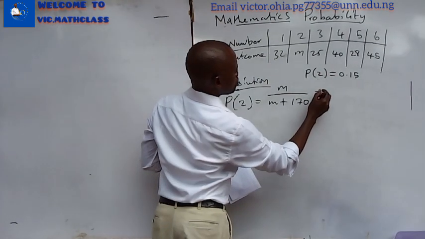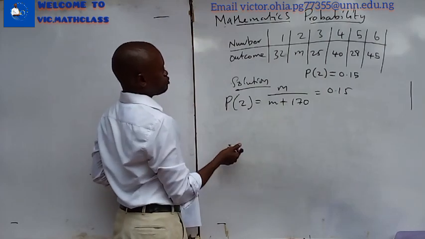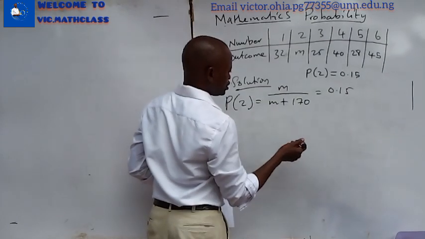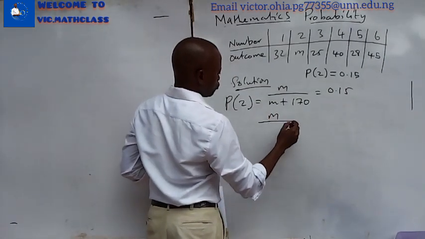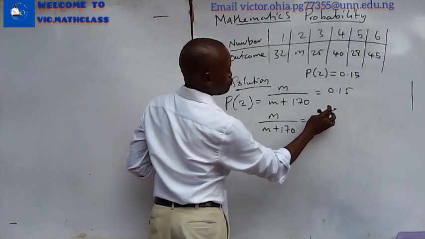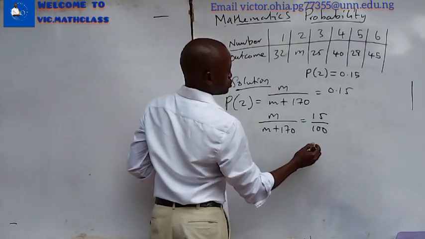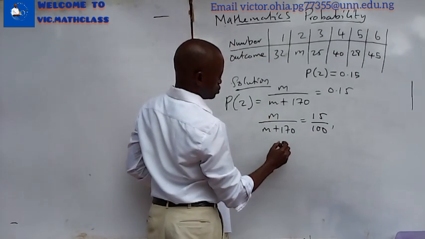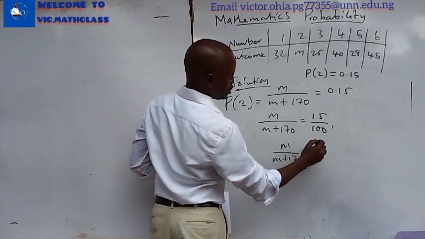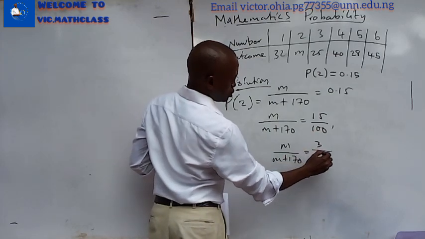We say this probability is equal to 0.15, and then we can solve and get the value of m, and from there the number of times the die was rolled. So m over m plus 170 equals 15 over 100. We can reduce it by 5, so m over m plus 170 equals 3 over 20, so that the figure is manageable.